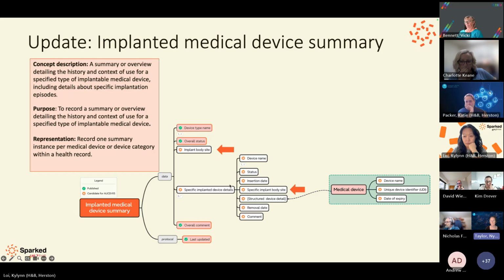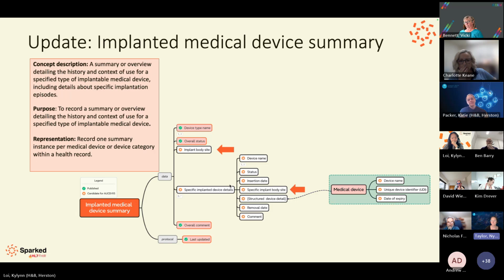It's important that where the same body site has an implant being replaced, so there are two devices in the same body site, we can record those separately.